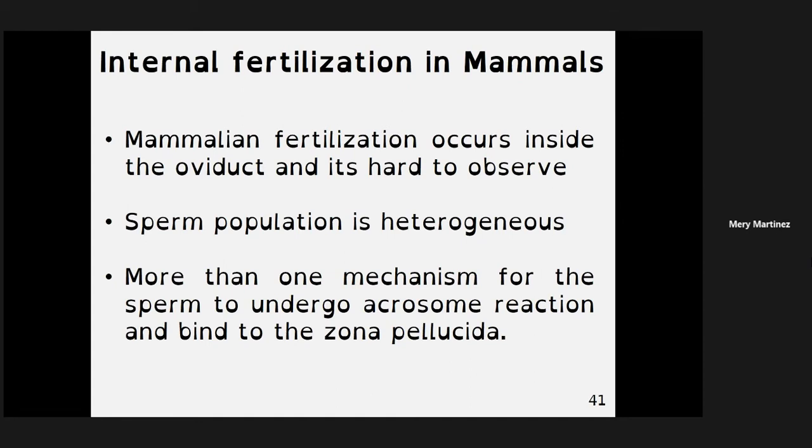Okay. A sperm population ejaculated in the female is heterogeneous, containing spermatozoa of different stages of maturation. If we take humans, for instance, a human can ejaculate something around 280 million sperm in just one ejaculation, okay?